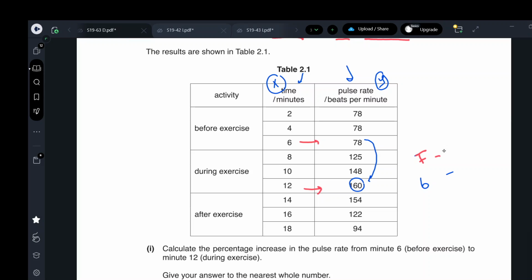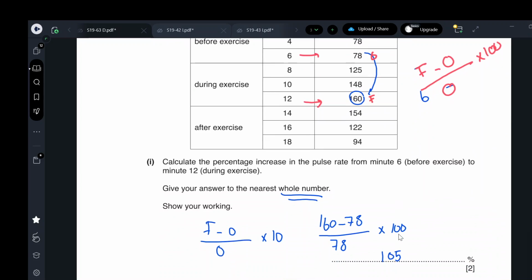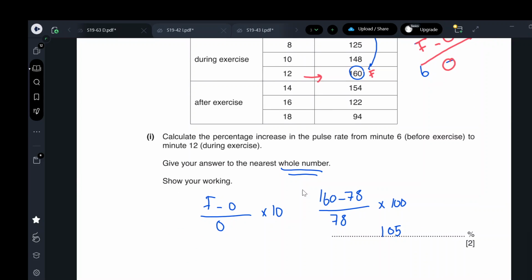Final number minus original over original times 100. Where is the final? He told you from 6 to 12. So at 12 minutes, this is the final. At 6, this is the original. So I will do 160 minus 78 over 78 times 100. He wanted it to the nearest whole number, so it will give me 105.